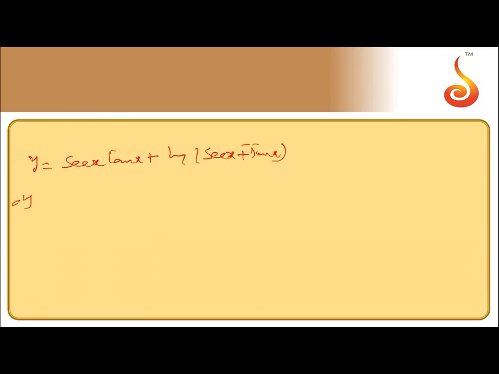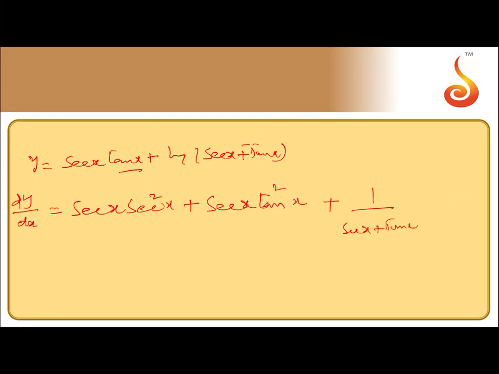Yes, the derivative dy by dx is equals to, and secant x multiplied by tan x derivative is secant square x, and secant x derivative is equal to secant x tan x. So you'll be getting secant x multiplied by tan square x. So plus derivative of secant x plus tan x is 1 divided by secant x plus tan x multiplied by secant x tan x plus secant square x.